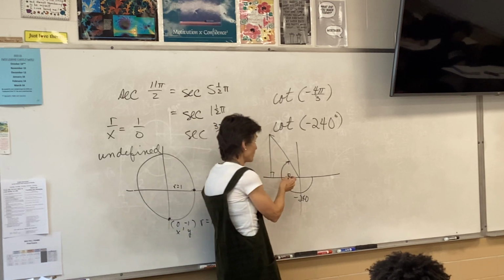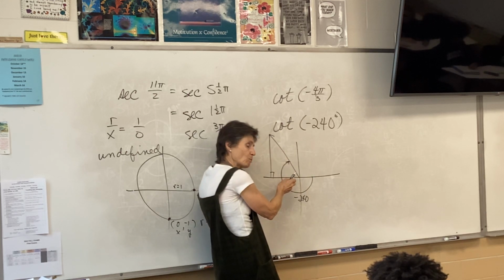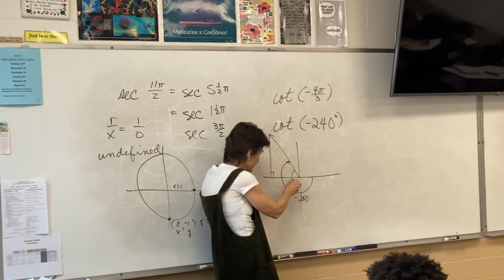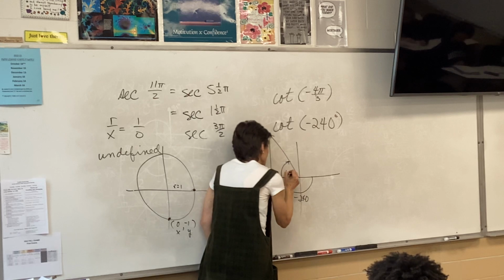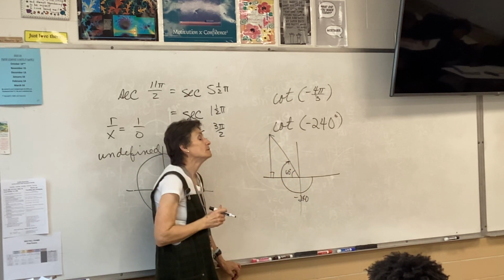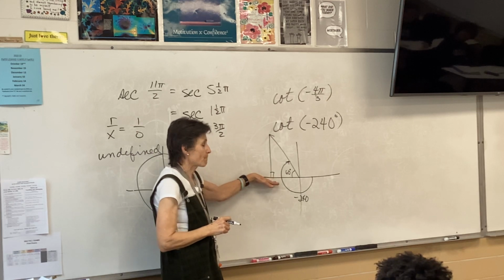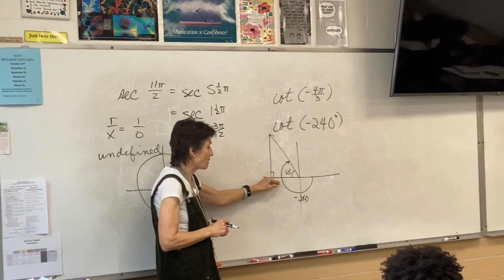This is called my reference angle. How big is it? I need to know how big he is. 60 degrees. Lewis, how did you get that, in case somebody wasn't sure? Because you know it's 180 on the quadrantal, so you just add 60 to get 240. Exactly. We went 60 degrees past 180.